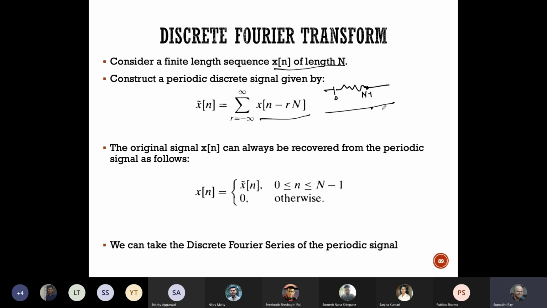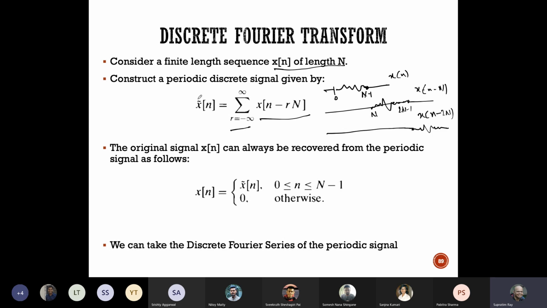This is x(n minus N), so it starts at N and goes up to 2N minus 1. This is x(n minus 2N). So it will be a translated version there. And you sum all of them up, you get a periodic signal.